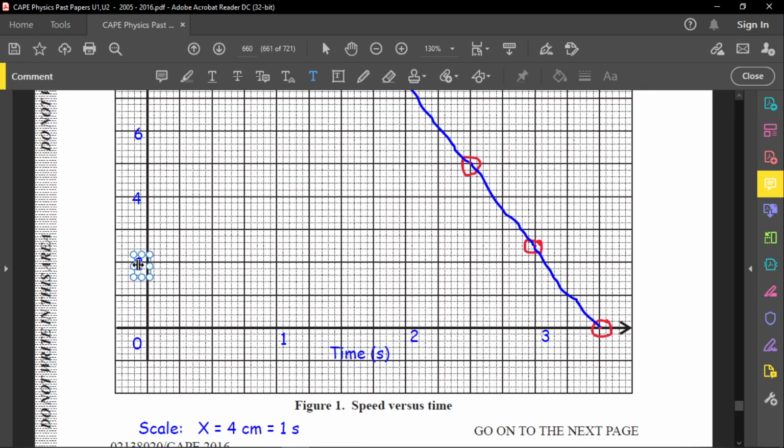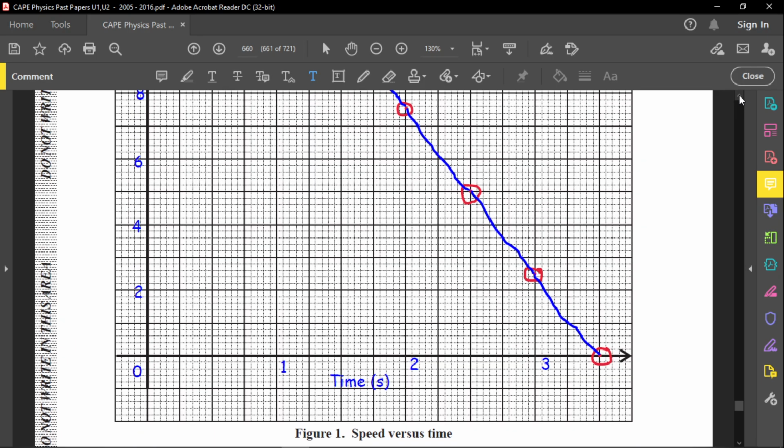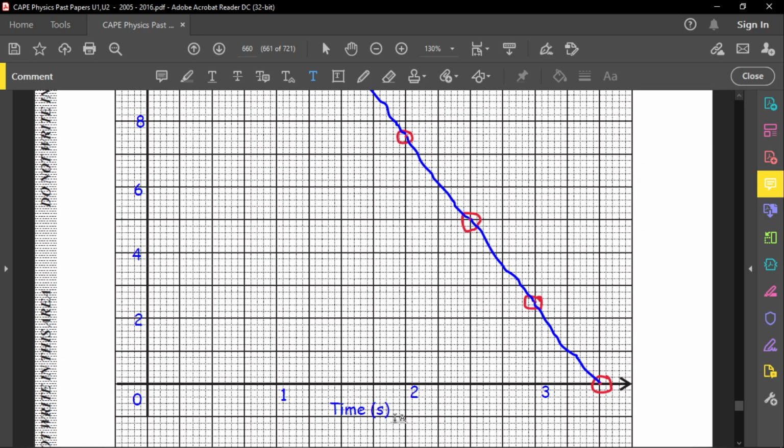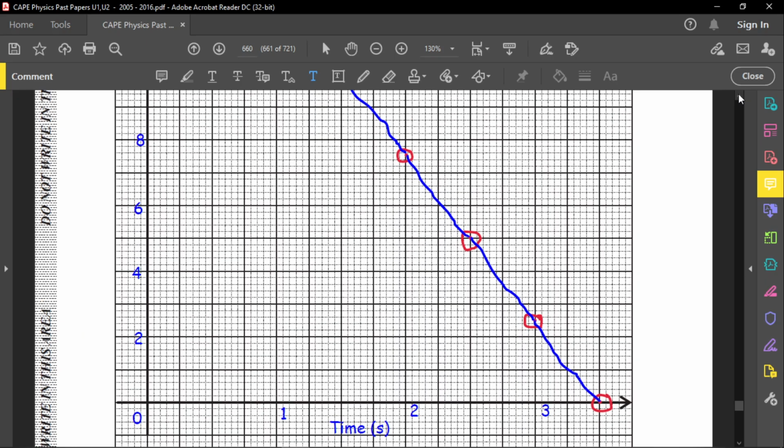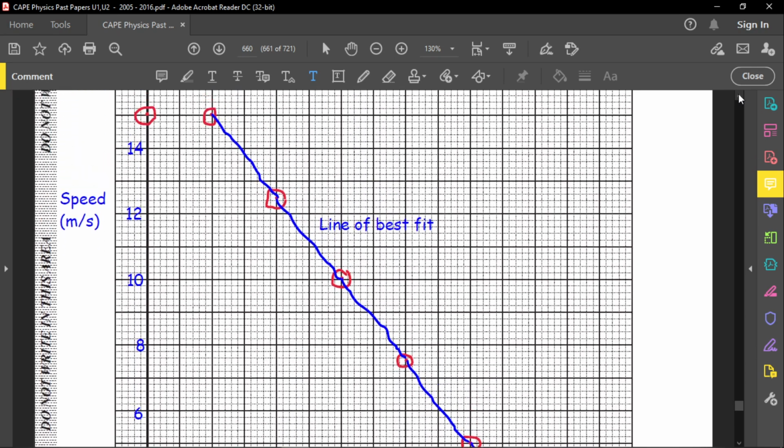And on the y-axis, you'll have 1 centimeter equals 1 meter per second. Make sure you label your axes properly with the units as well.